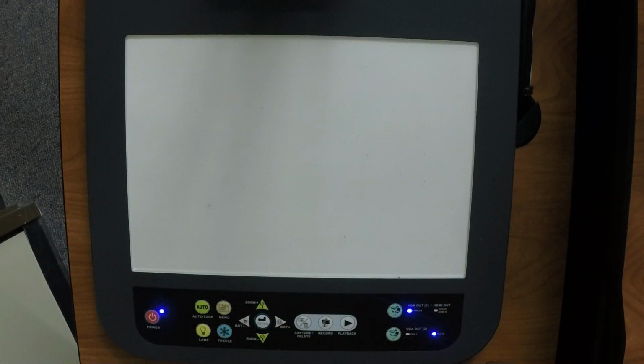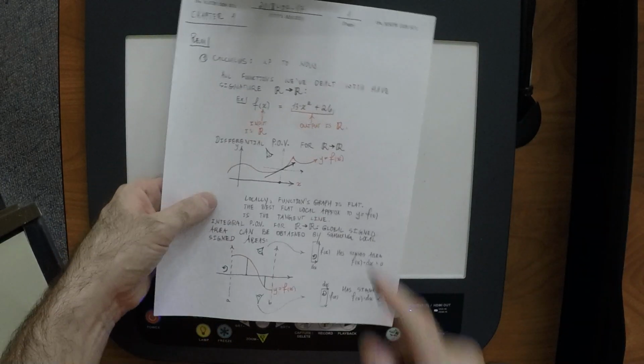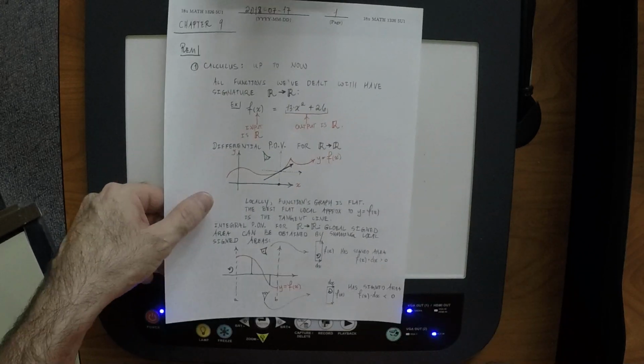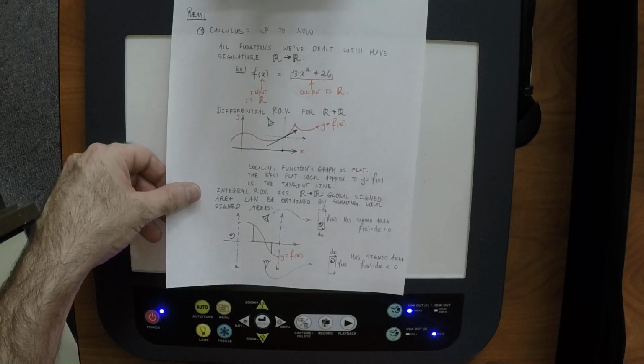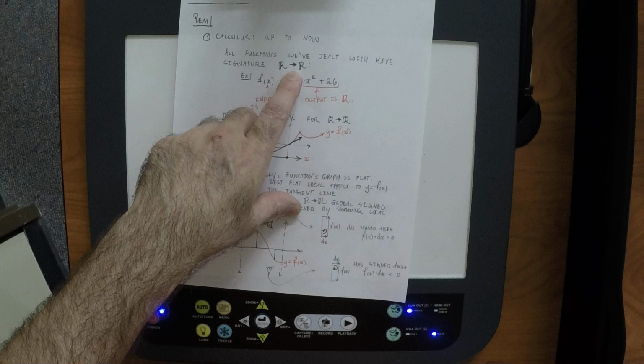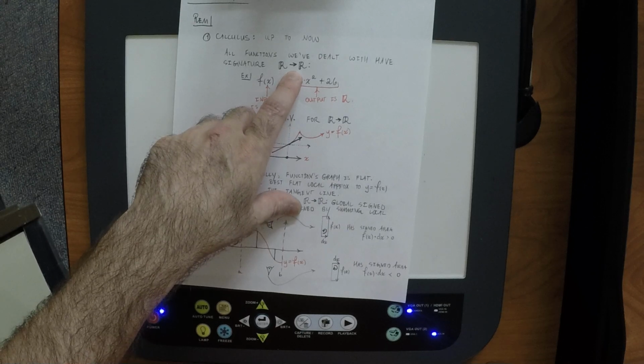Okay, so continuing this thought, this is a summary of what we've done. But notably, what I want you to take away from this page is that it's all been about functions that have signature real to real.